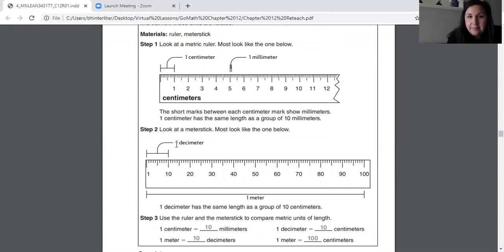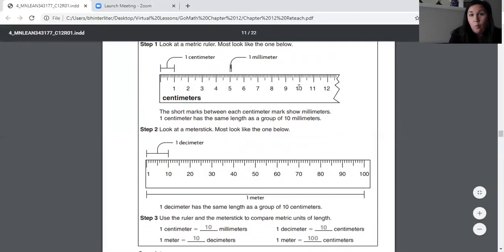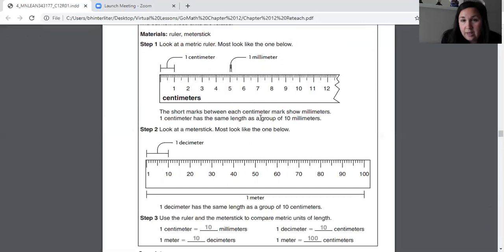Over here, 1 decimeter. So one of these decimeters is worth how many centimeters? Well, if you counted all of these up, you would see that there are 10 centimeters in a decimeter. Okay, because we went from 1 to 10, which up here, 1 to 10 would be a centimeter. So the answer is 10 again.